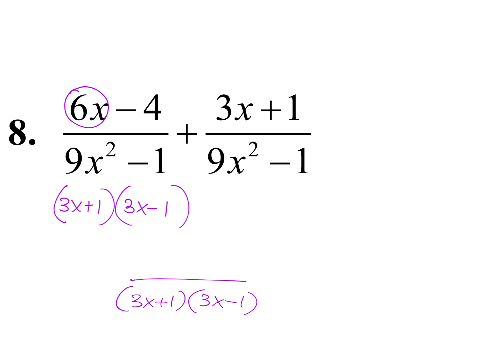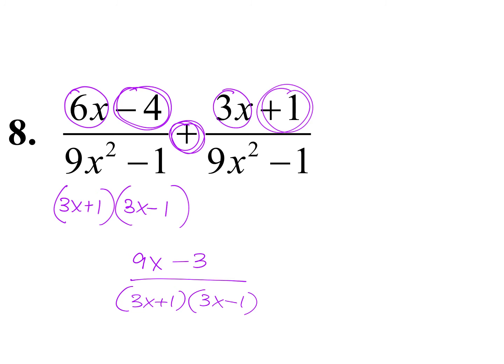Simplify this now. 6x plus 3x is 9x. Negative 4 plus 1 is a negative 3. What can you do from there? Do you see it? Factor out a 3 on top, right?